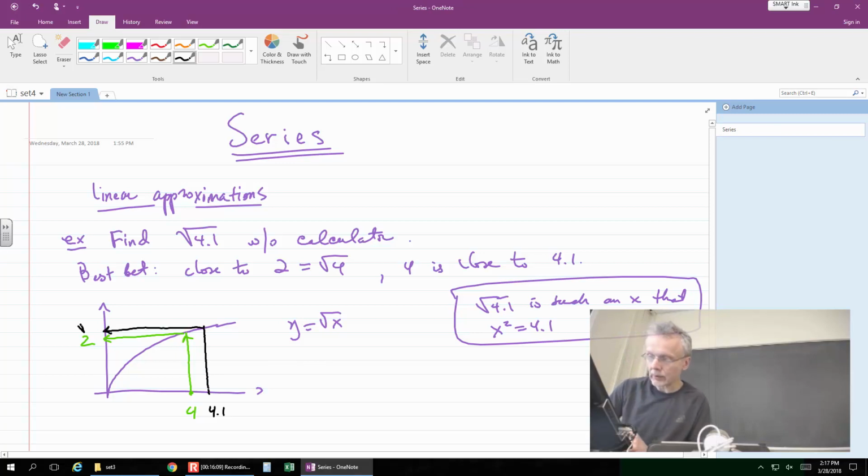So this is the square root of 4.1, but we decide to ignore it and just go straight like this. So for 4.1 we go straight to 2. That's an approximation, and this is our error right here, the error of the approximation.